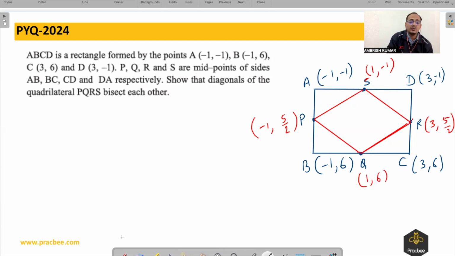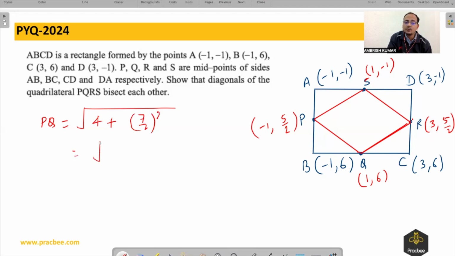So find the distance PQ. PQ is going to be the square root of (1 - (-1)) whole square, that is 2 square, 4, plus (6 - 5/2), that is (12 - 5)/2, 7 by 2 whole square. It's going to be the square root of 4 plus 49 by 4, so that's 16 plus 49, square root of 65 by 4.